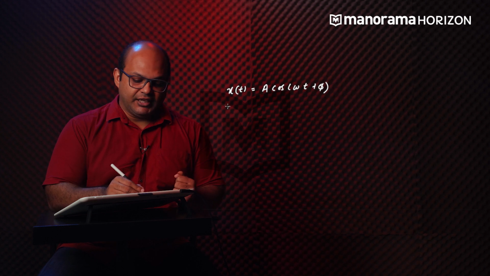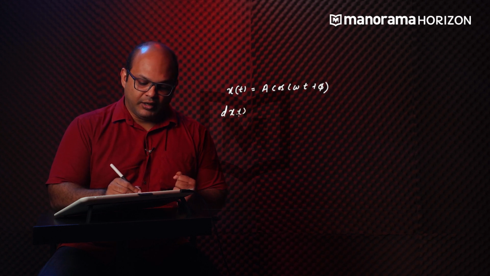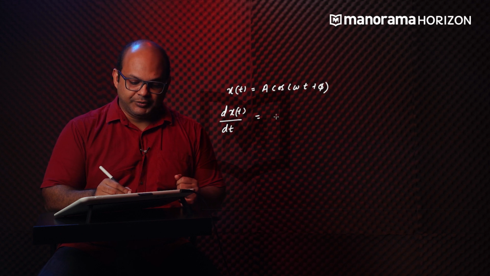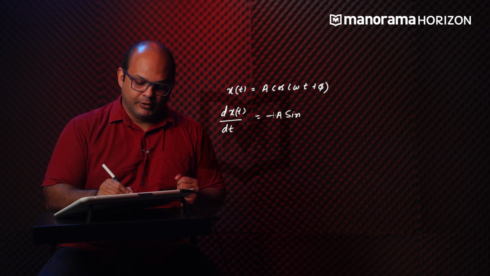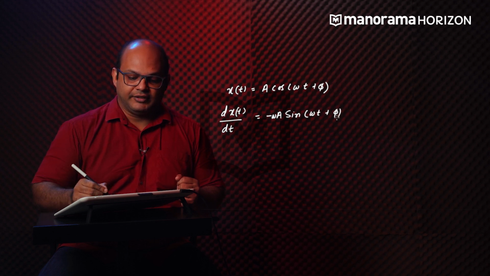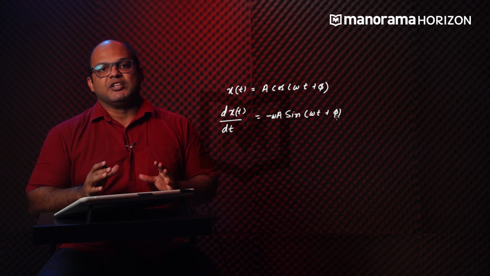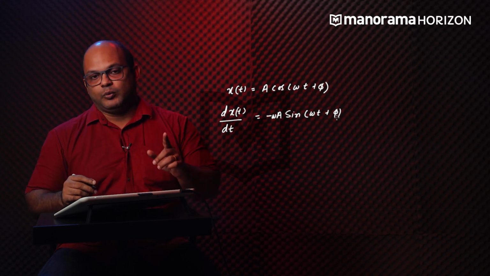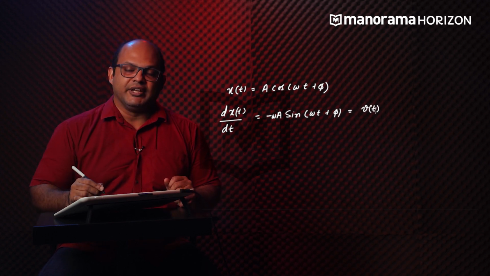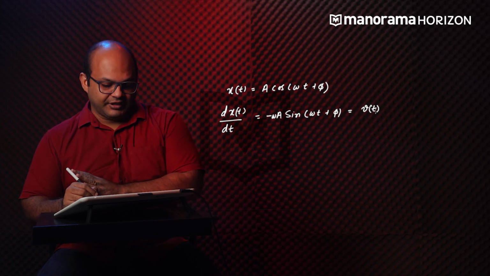If I differentiate displacement once, I get a new relationship, that is negative Aω sin(ωt + φ). So I have differentiated displacement with relation to time once, and this has given me a function for the object's velocity at any given time.